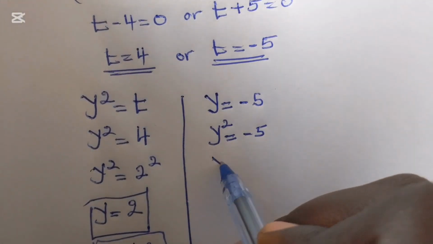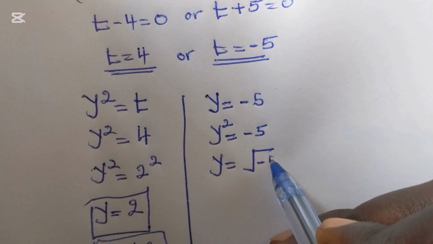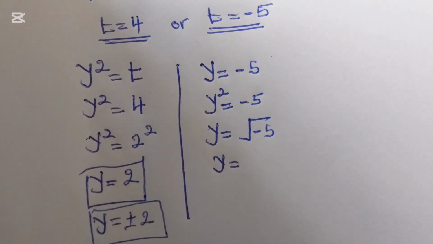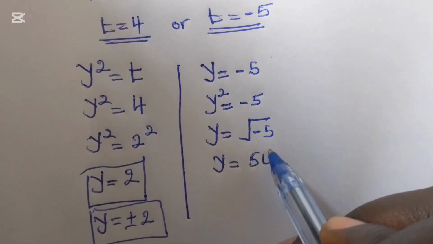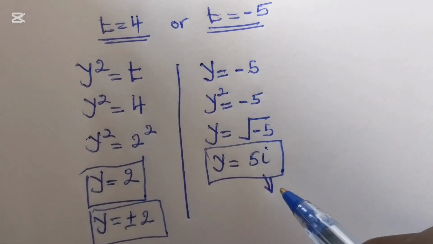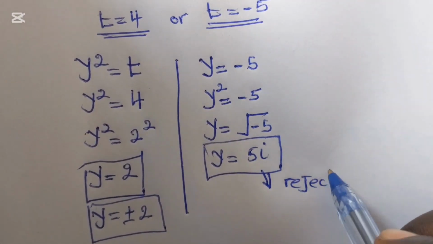Then to take y only, it will be the square root of negative 5. Then our y would be 5i. But since it is a complex number, this will be rejected.